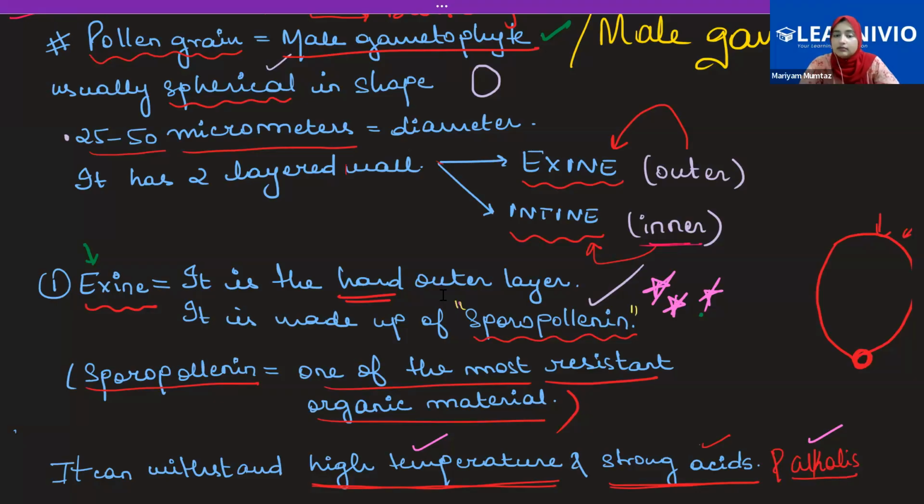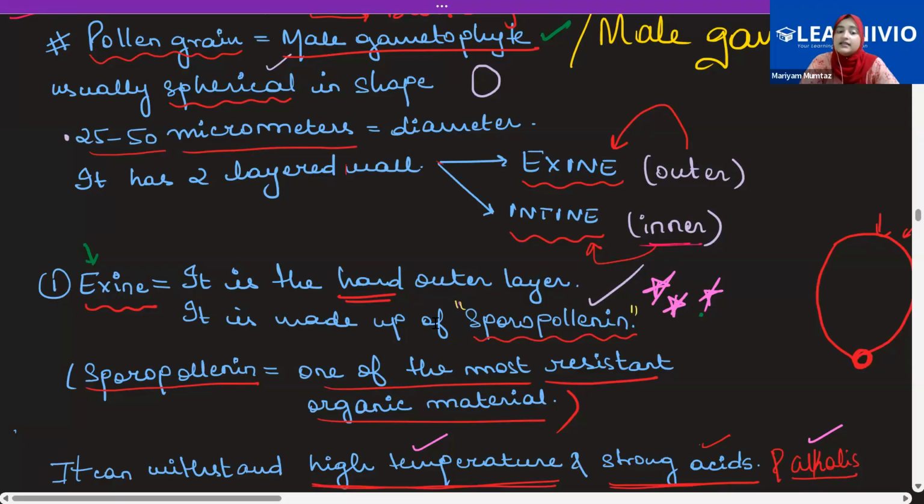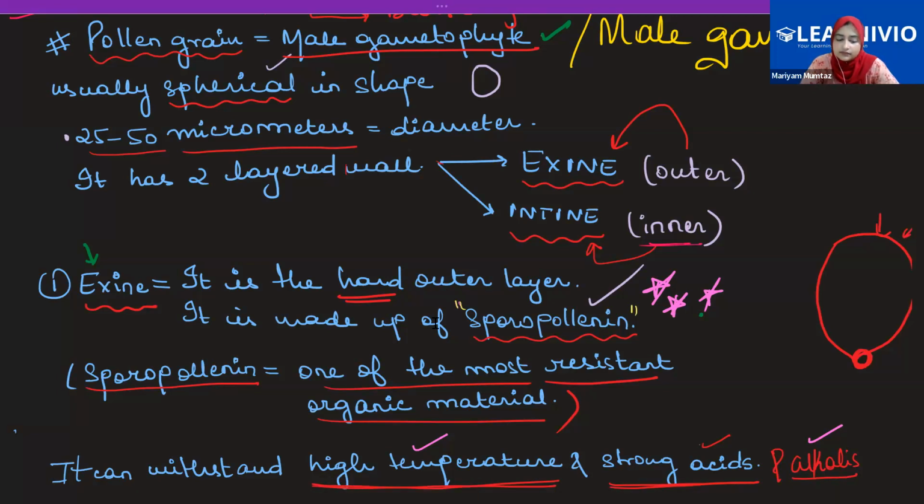Why would this resistant material be required? Answer, students, speak in the class. To protect it from external agents. For what? External agents to protect it.